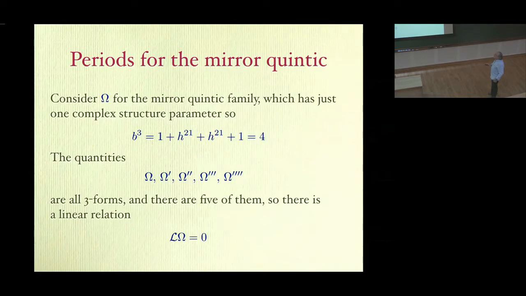So I can imagine differentiating with respect to the parameter, and so I can consider the quantities omega, the derivative, the second derivative, the third derivative, the fourth derivative. By now, I've got 5 quantities, but B3 is 4, so Betti tells me that there's a linear relation between these 5 quantities. And a linear relation between an object and its derivatives is a differential equation. So the omega satisfies a differential equation in cohomology.